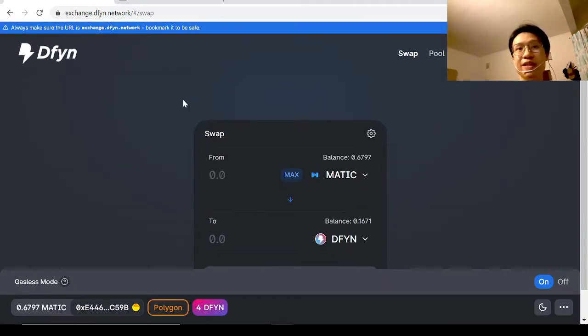Okay, so DFYN is just like Binance, an exchange, but they're a bit different. So Binance is a centralized exchange. DFYN, just like many other exchanges like QuickSwap Exchange, Uniswap Exchange, SushiSwap Exchange, they are basically decentralized exchanges.